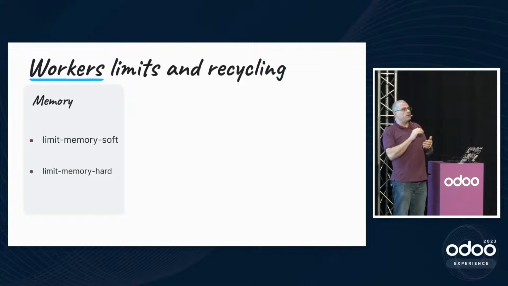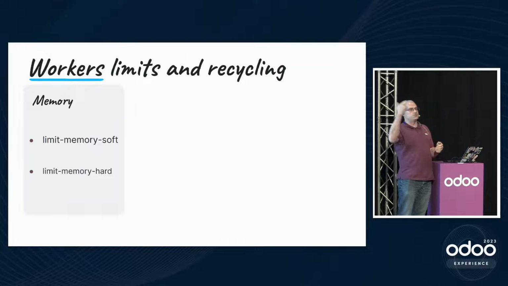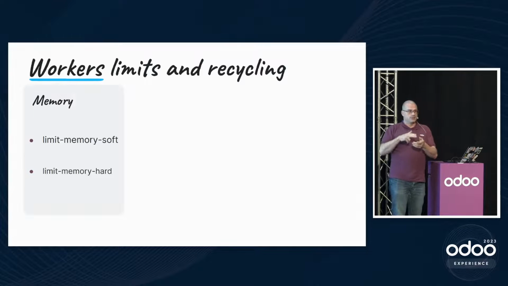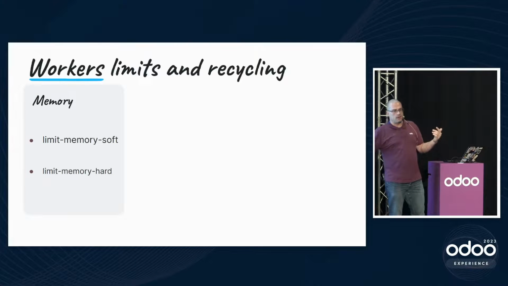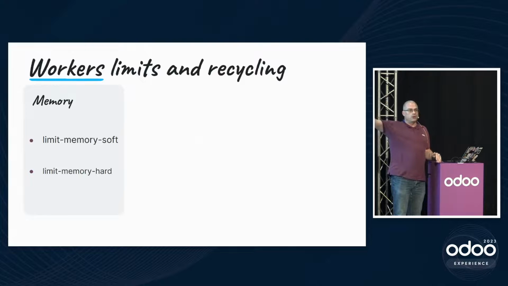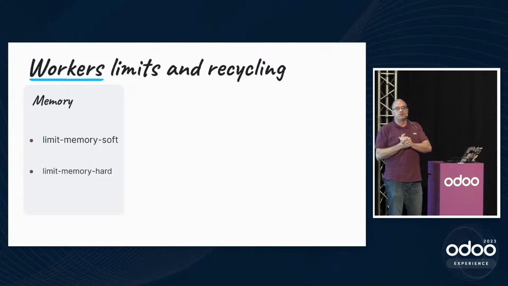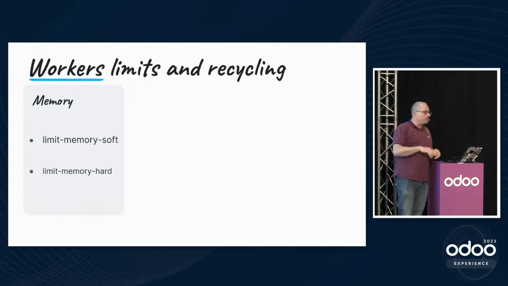With the hard limit, if the worker reaches it, we have hit a red flag, so the process is immediately killed. The web client doesn't get its answer, and a new worker is launched. The first one ensures smooth operation in the system, and the second one ensures your processes are not eating all the CPU and all the memory.